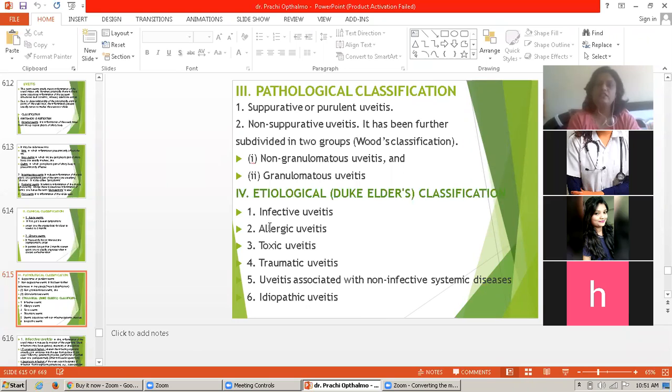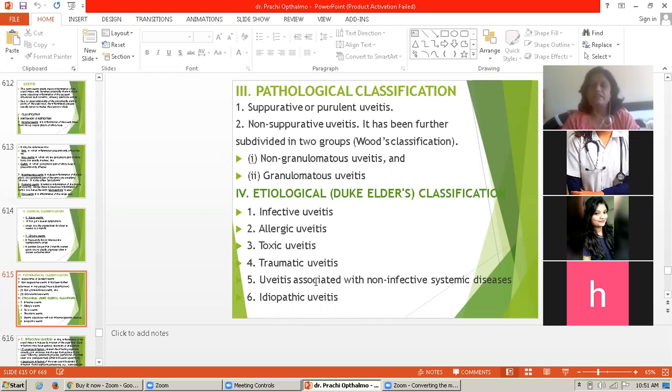When there is an infection, it is called infective uveitis. When there is an allergic reaction, so uveitis due to an allergy, it is called allergic uveitis. Toxic uveitis occurs due to toxic substances. Traumatic uveitis is the inflammation of the uveal tract due to trauma to the organ.